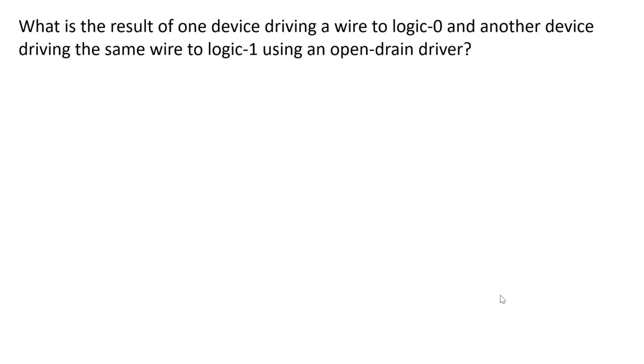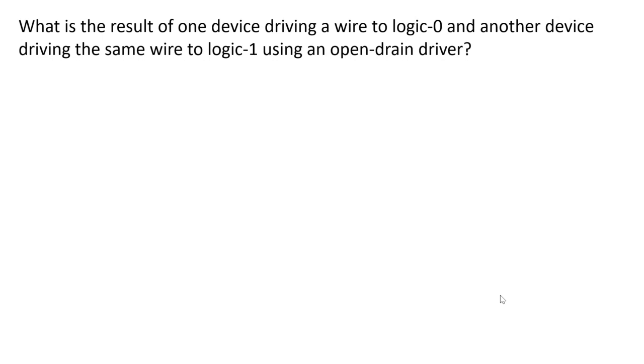What is the result of one device driving a wire to logic 0 and another device driving the same wire to logic 1 using an open drain? Okay, for open drain, driving a wire to logic 1 means you don't do anything. Basically, each device on an open drain is only able to actively drive the wire low to pull it down to 0. So if one device is thinking that it's sending a 1, it means it's not doing anything.